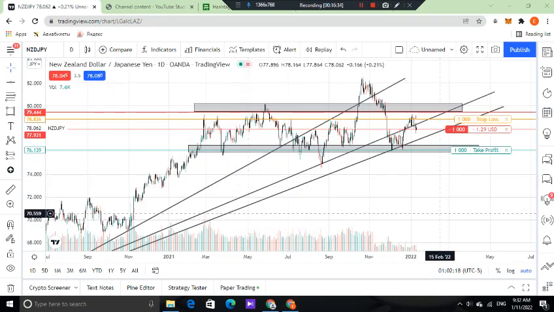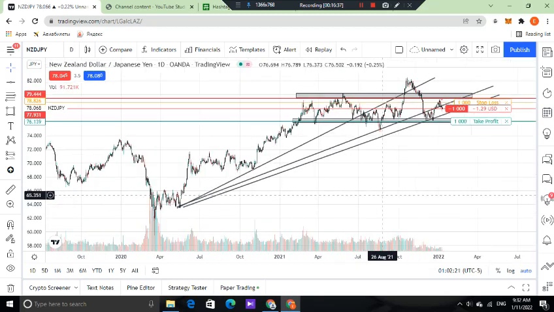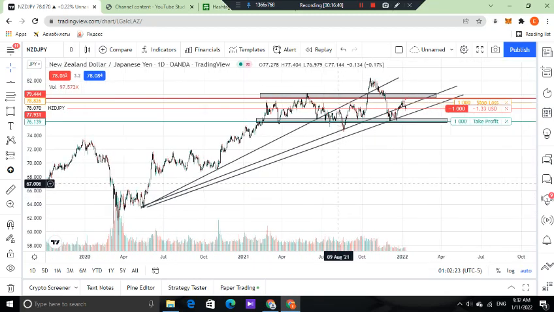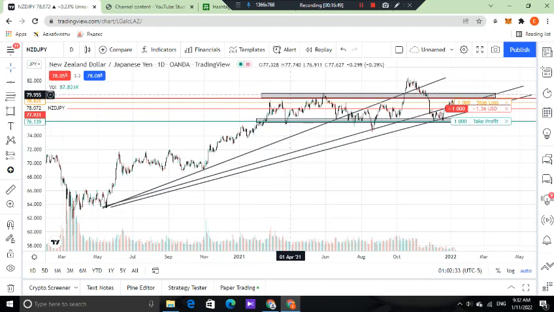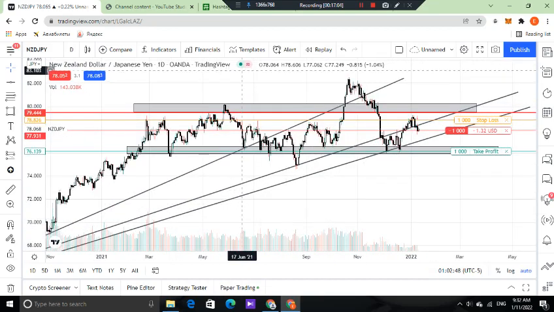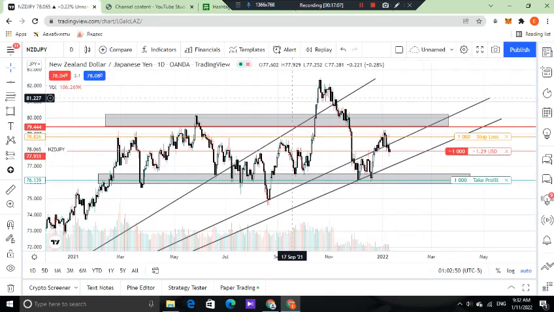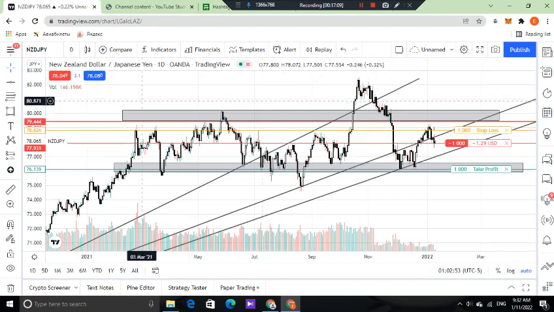Okay, as you can see, we have this trading range here. Channels usually tend to evolve into trading ranges after they lose their power and strength, specifically when they reach an important area like support and resistance areas, as you can see.